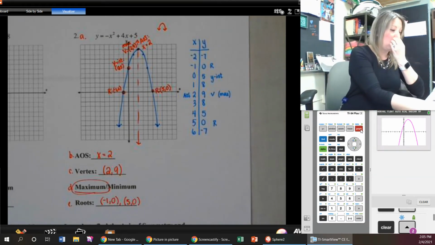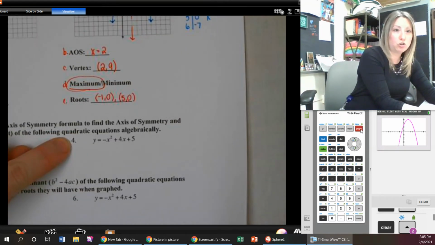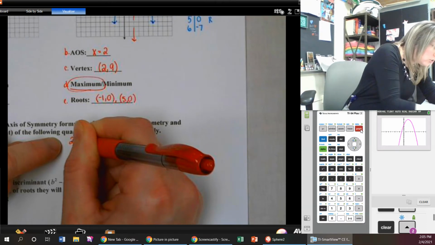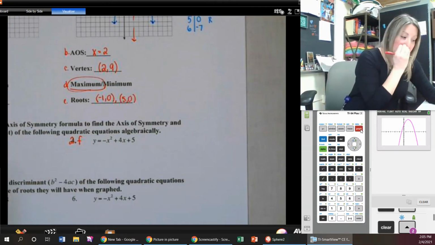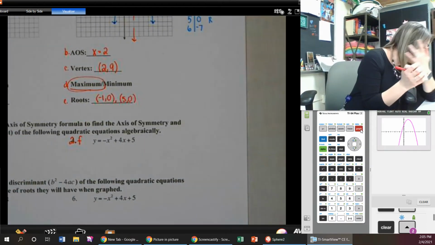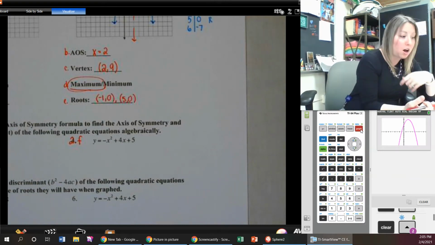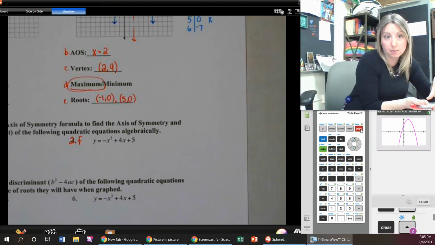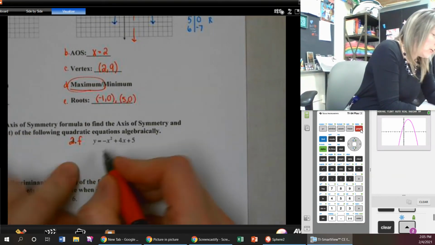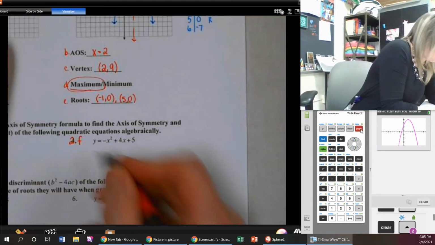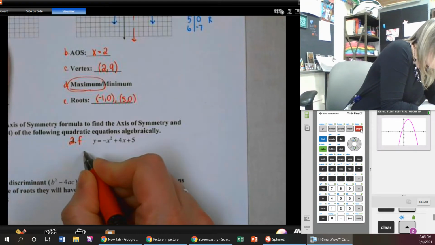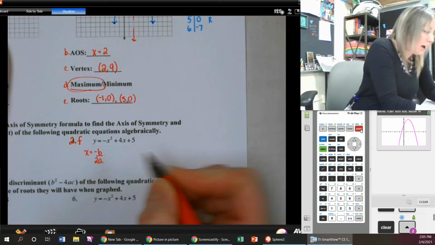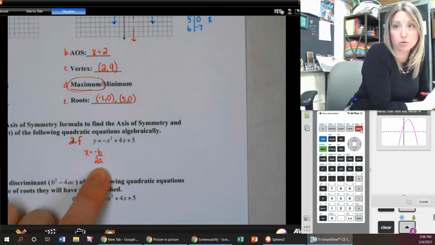This would be question 2, part F, which is to use the axis of symmetry formula to find the axis of symmetry and turning point algebraically. This will be a work upload. It will be x equals negative b over 2a, the axis of symmetry formula you need to use.